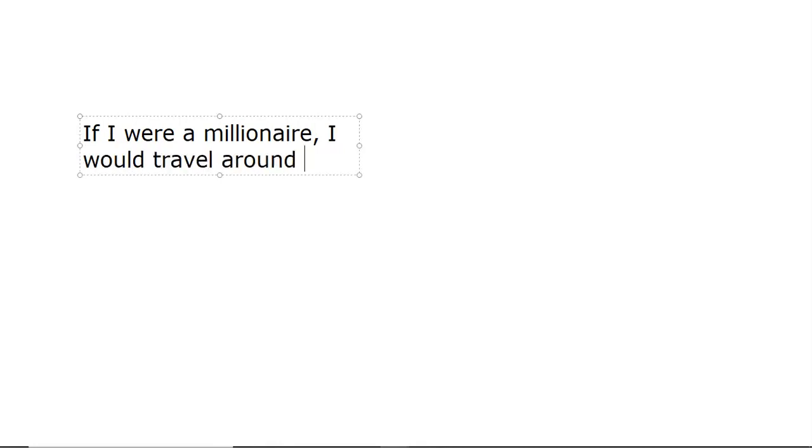We are going to use the were form of be. If I were a millionaire, comma, and then how are we going to complete the second one? I would, exactly. I would travel around the world.